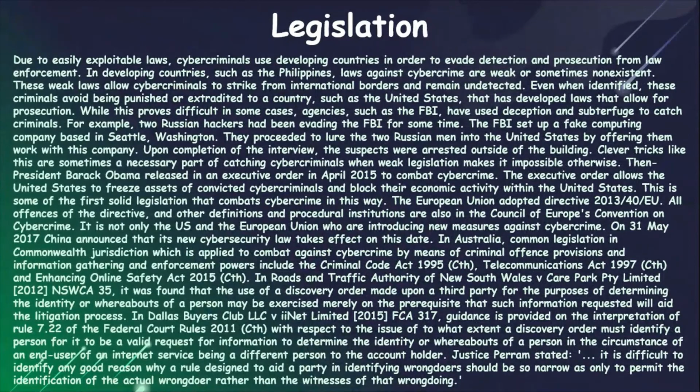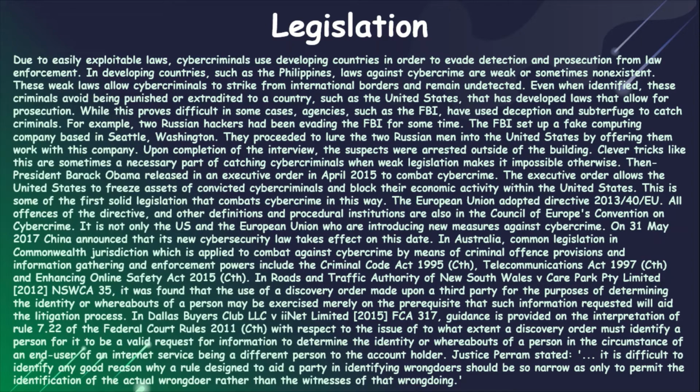Legislation. Due to easily exploitable laws, cyber criminals use developing countries in order to evade detection and prosecution from law enforcement. In developing countries such as the Philippines, laws against cybercrime are weak or sometimes non-existent. These weak laws allow cyber criminals to strike from across international borders and remain undetected.